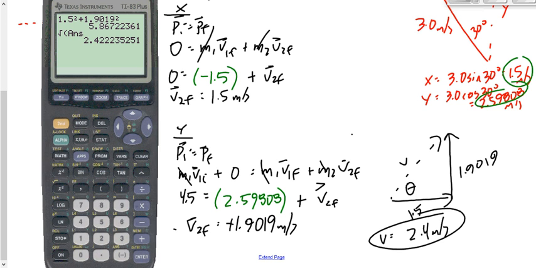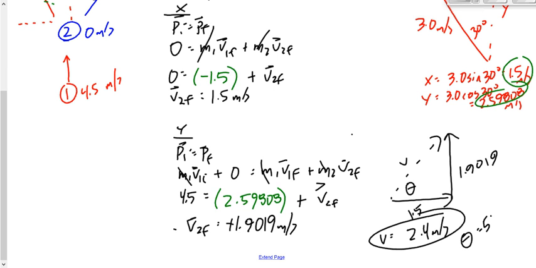And theta is going to be the inverse tan function. Inverse tan of 1.9019 divided by 1.5. And we get 52 degrees here. And that would be 52 degrees north of east. Just a final little check. My angle's measured from the east, so it is north of east.